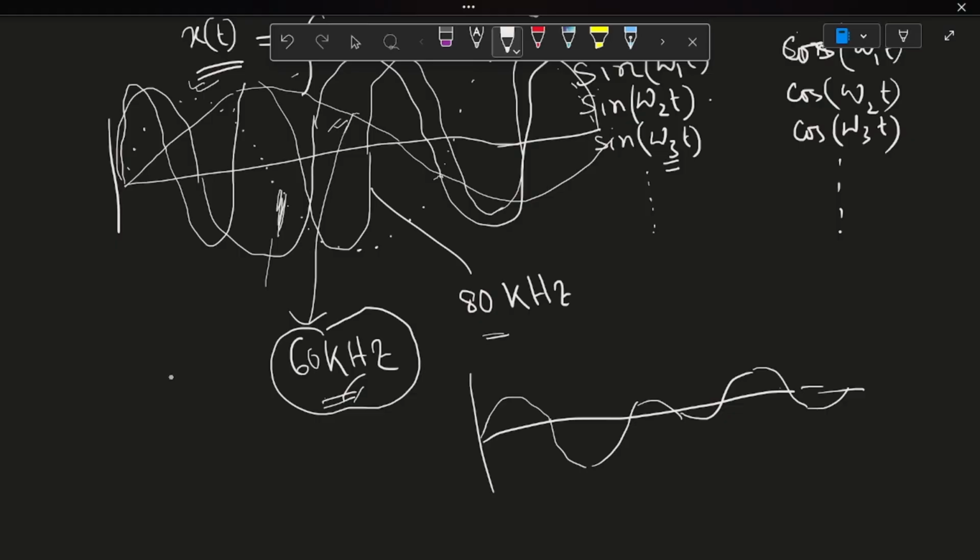If you compute the area, and the original signal does not have any frequency component of this, then overall the area, if you add it up, will be around 0. So you will get 0 in the output, and that means your signal doesn't have any frequency component of 60 kilohertz. In that way you can check with other frequency components also.